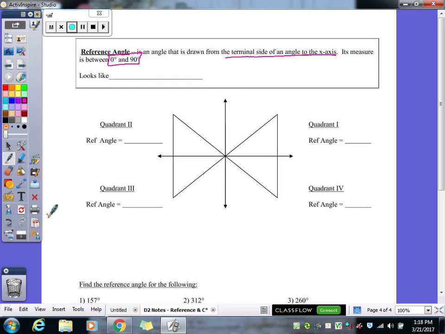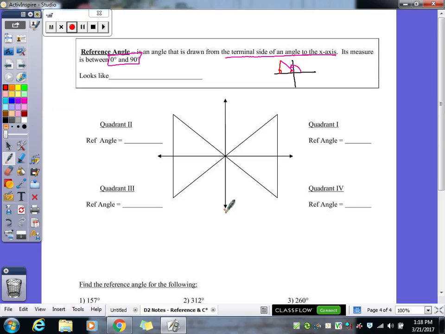So let's say, for example, here's my quadrant. I have an angle of 120 degrees. So there's my angle. My reference angle ends up being over here in the corner, those angles that we were dealing with last time.